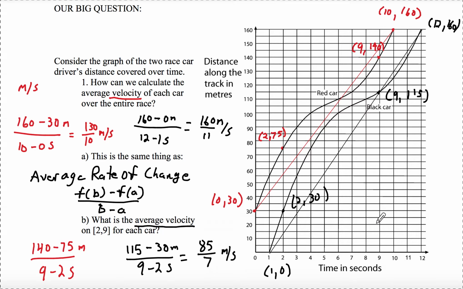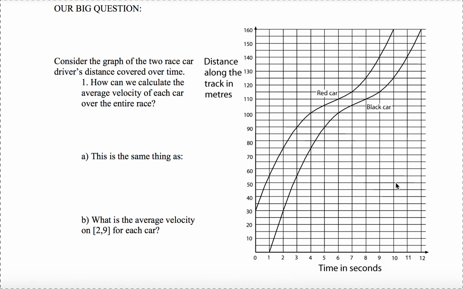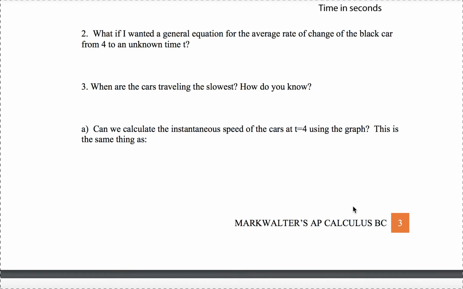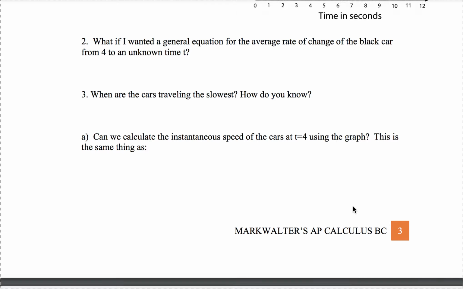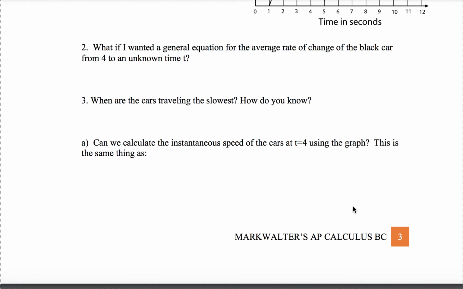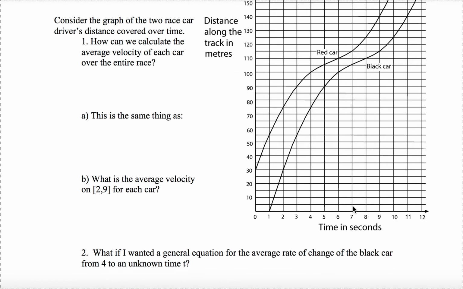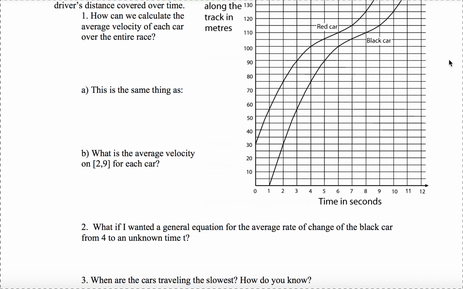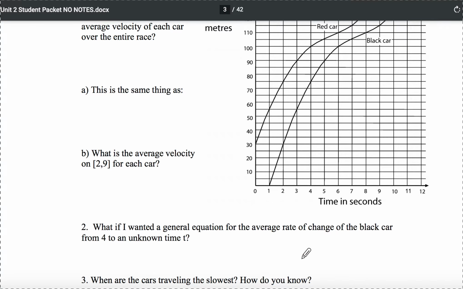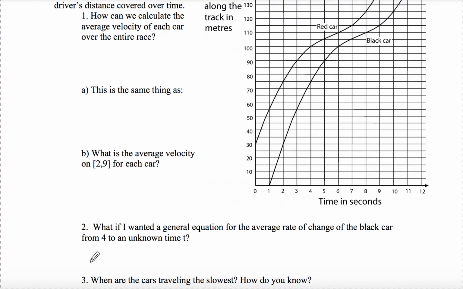Cool. So we've now seen a couple examples of how to find the average rate of change. Now, what if I wanted a general equation for the average rate of change of the black car from 4 to some unknown time? Looking back at this black car, what if I wanted a general statement for the average rate of change from 4 to some unknown time t?